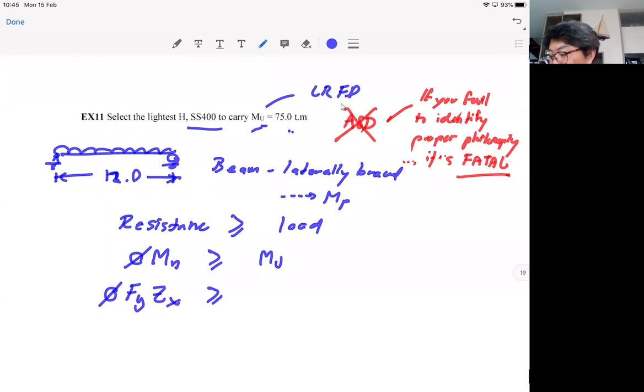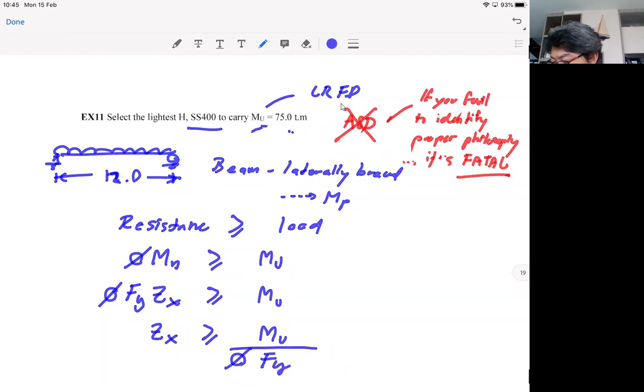It should be equal or greater than Mu. And that means I can now say my plastic section modulus has to be greater or equal to Mu divided by phi Fy. Correct? So that's pretty easy.